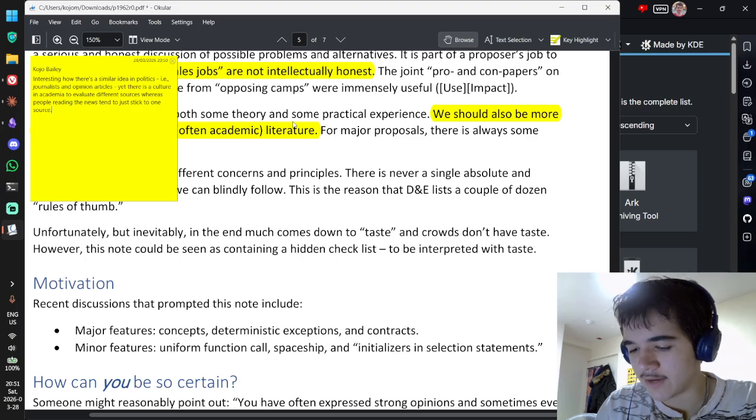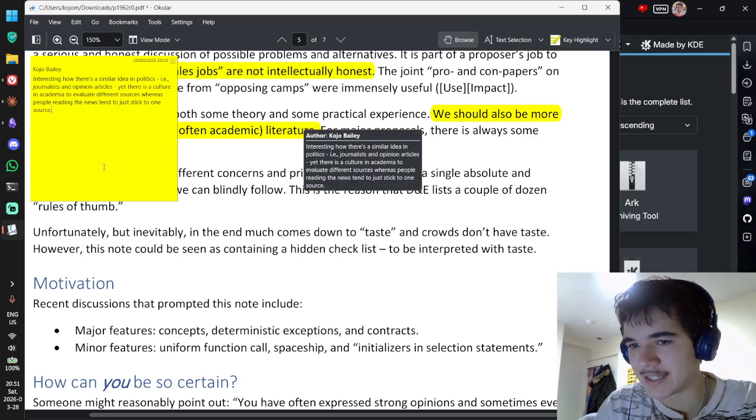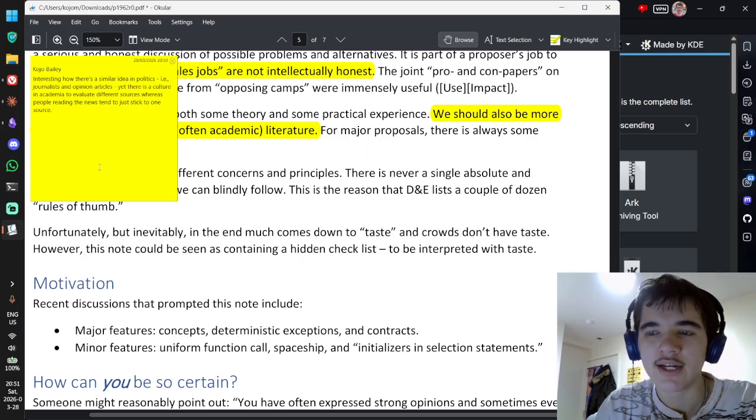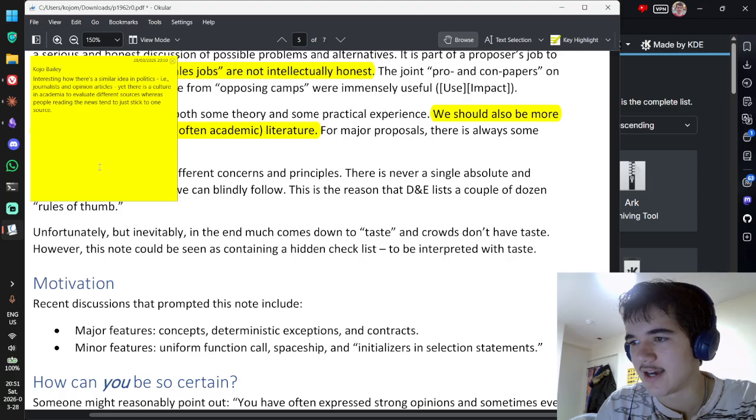And the difference is that obviously academics need to make decisions or write papers of their own. So if they didn't use multiple sources, they'd just be parroting, and they'd be called out for it.